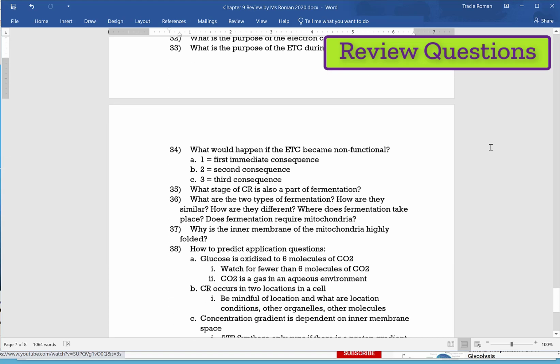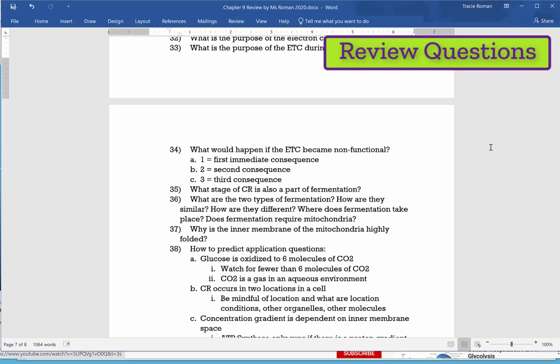What would happen if the electron transport chain became non-functional? The first immediate consequence, if it stopped working, would be that protons are not being pumped from the matrix to the inner membrane space.